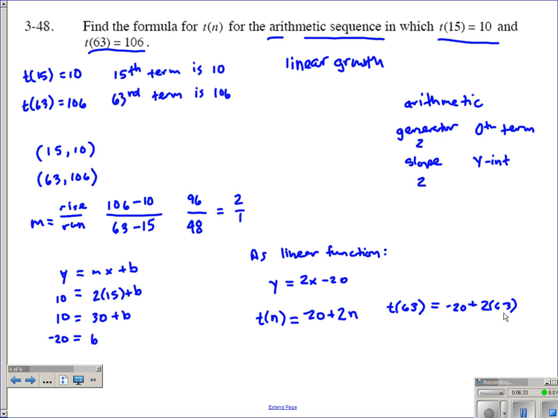So 2 times 63 is going to be 126. When we add a negative 20 to 126, we're going to get that our 63rd term is 106, which is what we started with. So we know we have the correct formula for t of n.